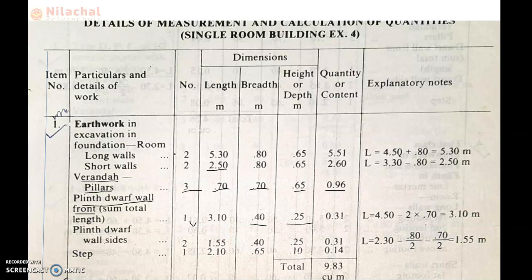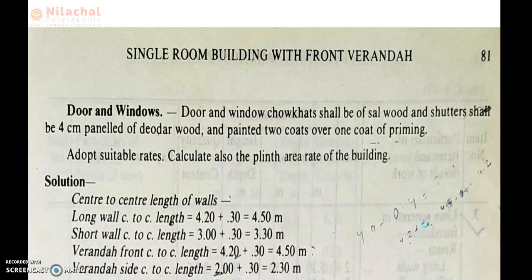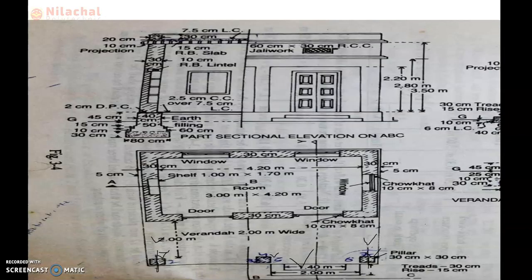Then after that we go through the length part. We know here the center to center distance we consider from which part? From this wall center distance to this wall center distance, right? One pillar center and another one the room center. The room cross section lime concrete value is 80 centimeter, right?